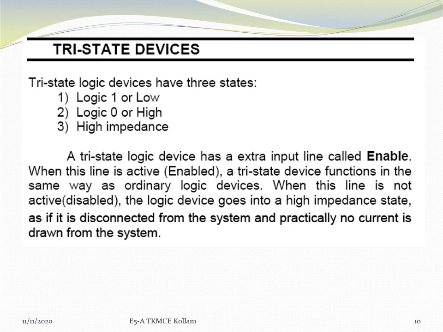When this line is active, that is enabled, a tri-state device functions in the same way as ordinary logic devices. When this enable pin is not activated, that is disabled, the logic device goes into a high impedance state, as if it is disconnected from the system and practically no current is drawn from the system. As it is opened, it is in high impedance state.